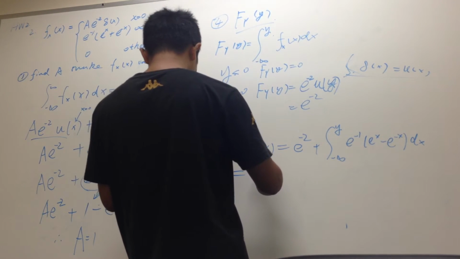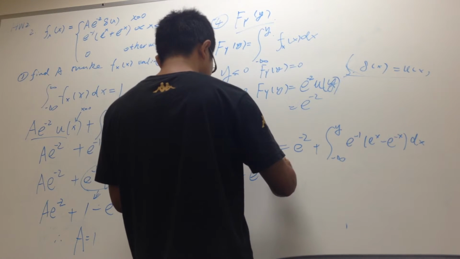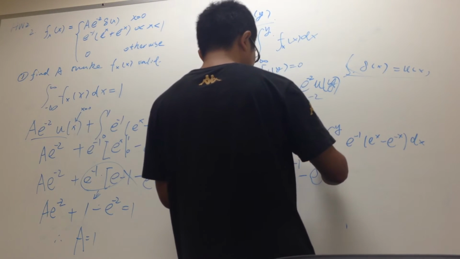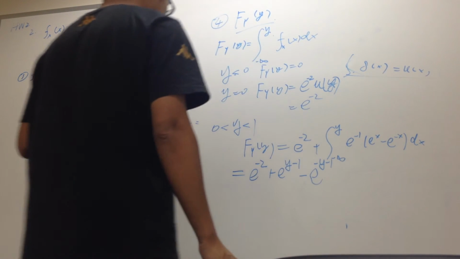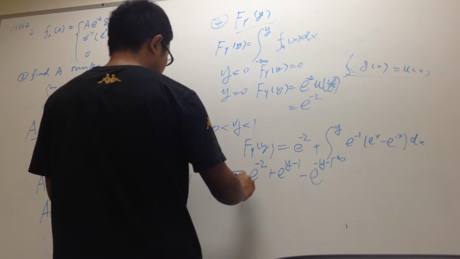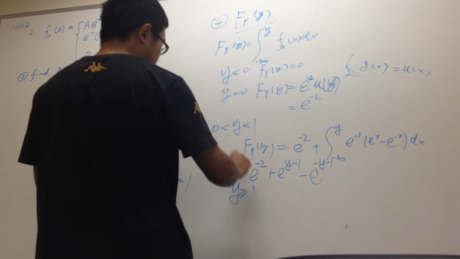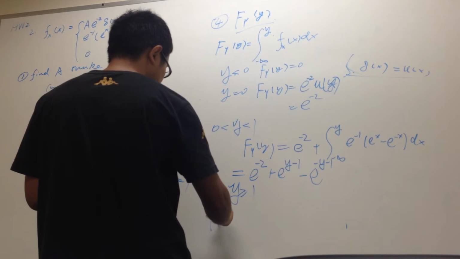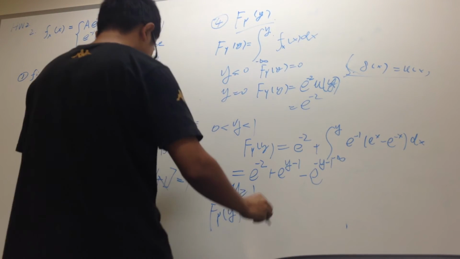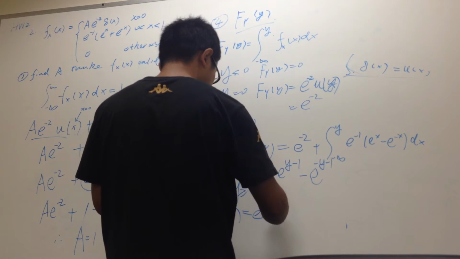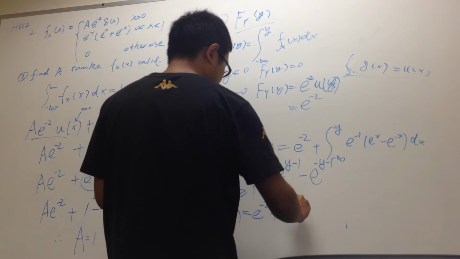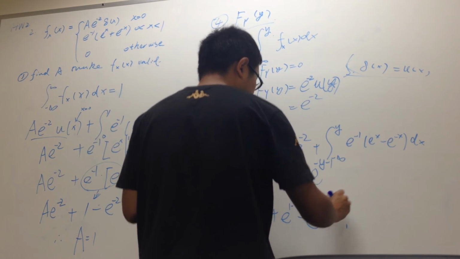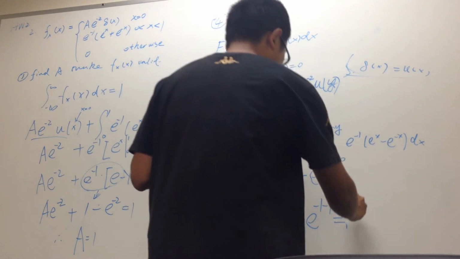It equals e minus 2 plus (e minus 1) e^y minus e^(-y) minus 1. For y more than 1, we put y equals 1 into this equation, so we have e minus 2 plus (e minus 1)(e minus 1) minus (e^(-1) minus 1). This one equals 1.